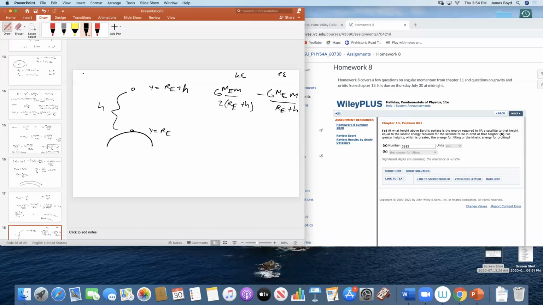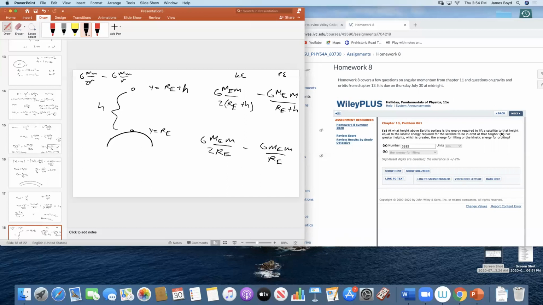That's just because kinetic energy is GMm over r times 2, minus GMm over r is the potential energy, and that's the energy at any point. So here is G M Earth m over R_E, minus, with a 2, minus G M Earth m over R_E.